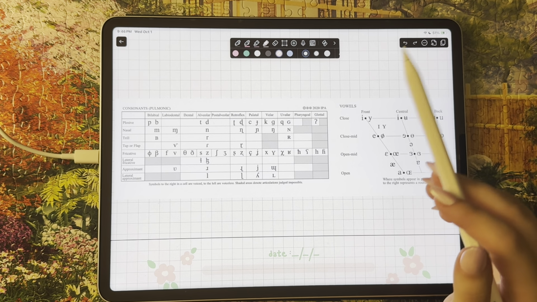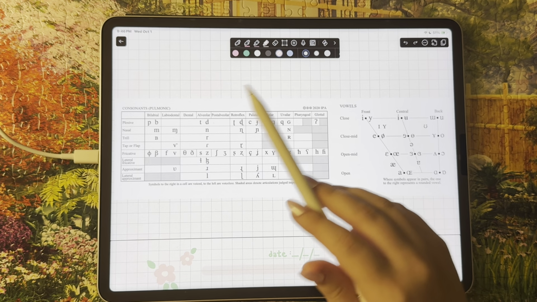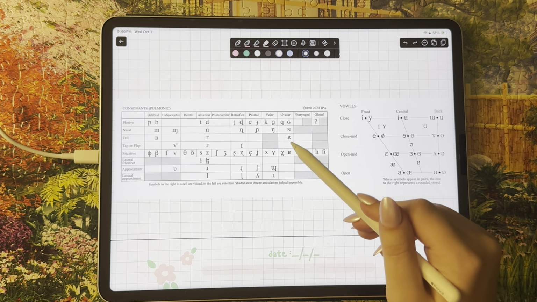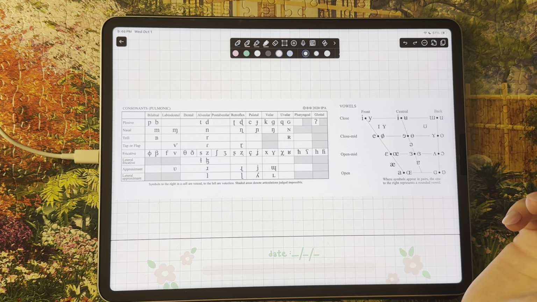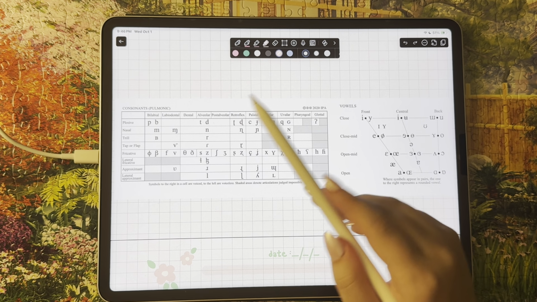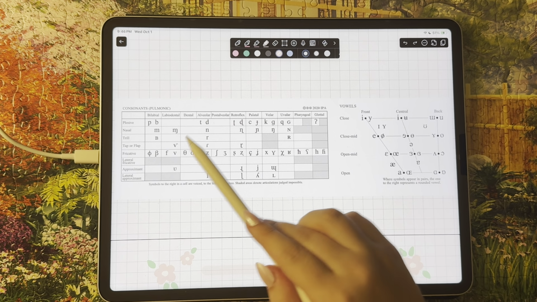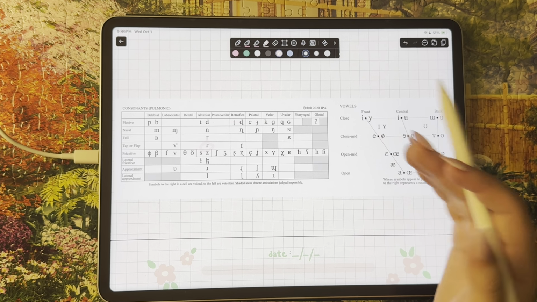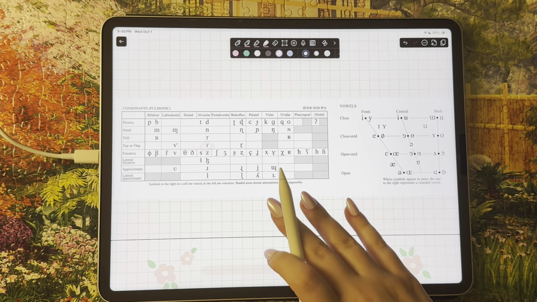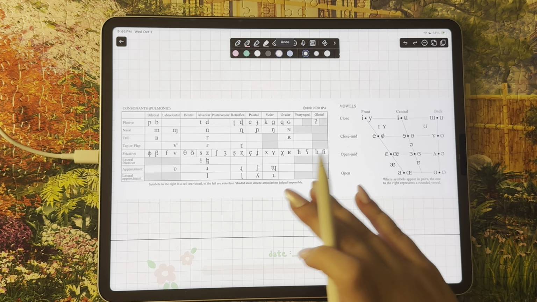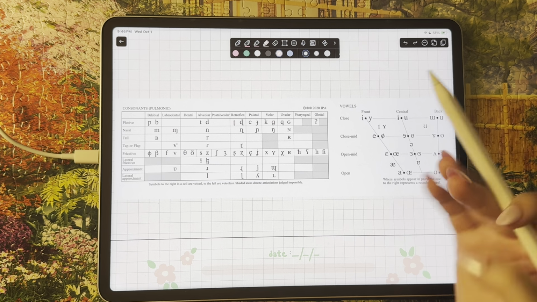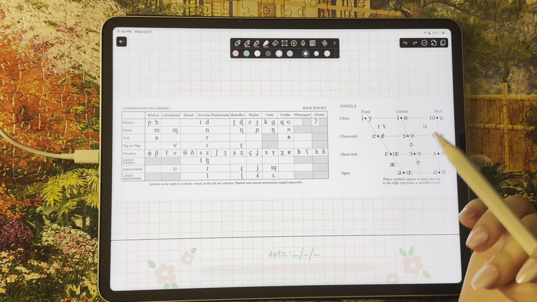Then the next one, I think, is kind of like a ha, but I can't produce that well as I'm a native English speaker. The next one produced in English is this one, and you may not recognize it because it is an alveolar flap, or alveolar tap.